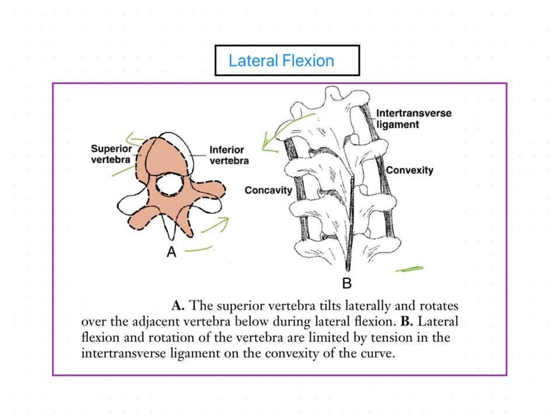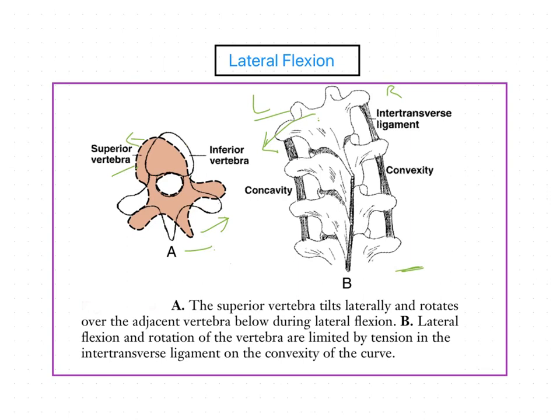Okay, here what is happening in lateral flexion? We can find two curvatures during lateral flexion. This one is the left side and this is the right side. This is left side lateral flexion.